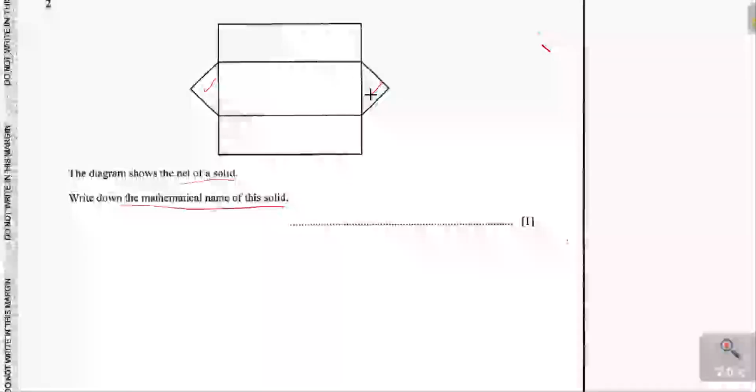The name of this prism depends on the name of the polygon of the base. The polygon of this base is a triangle. Therefore, the name of this prism is triangular prism. We write this solid is a triangular prism.